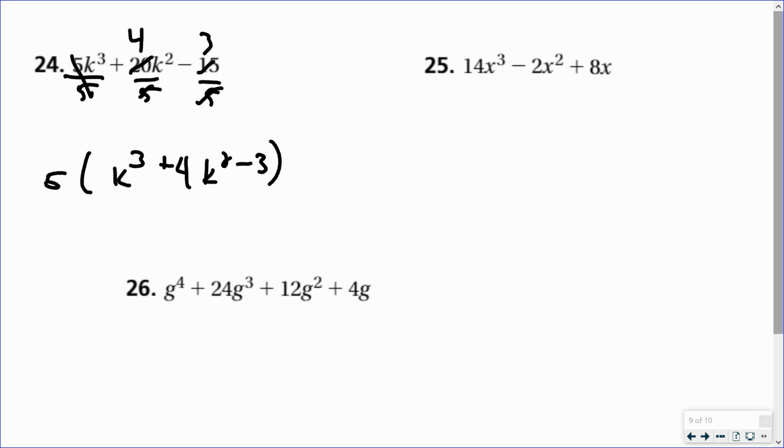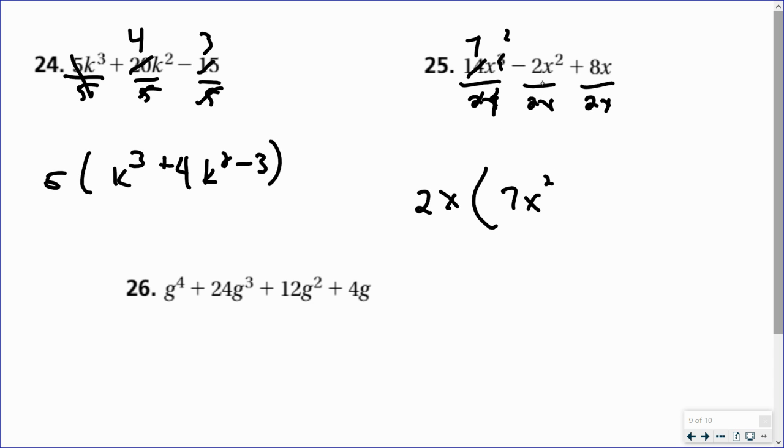Okay, so now for this one, I need to take out an x and a 2. All right, so that's a 7. Knock this down by 1. That's a 1, and knock this one down by 1. That's a 4. Knock this one all the way off.